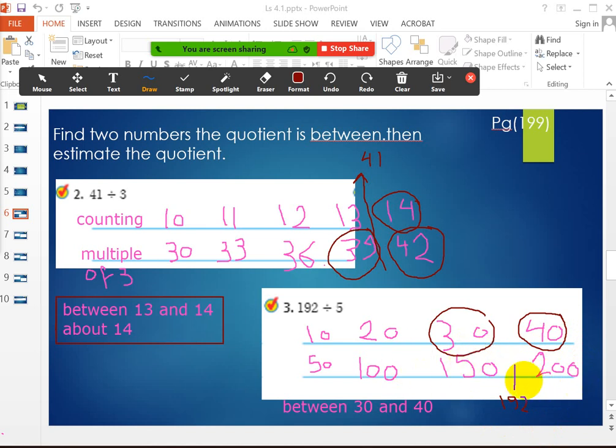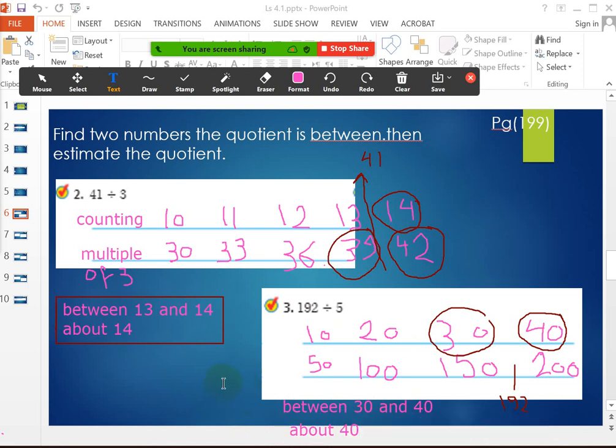Excellent, Zen. That's right. It's close to 200. 192 is close to 200. That means the quotient will be about 40. I will choose 40. This is the estimate for the quotient. So the quotient will be about 40.